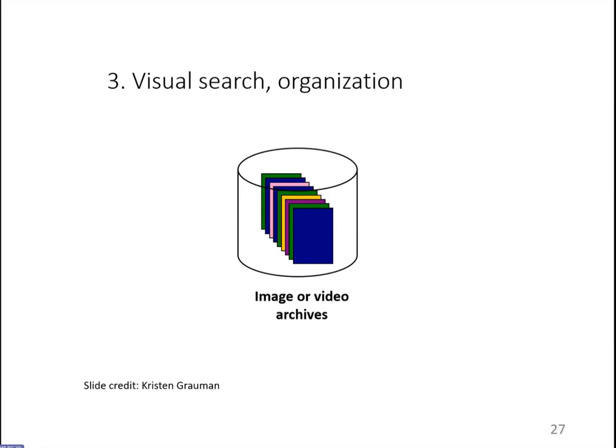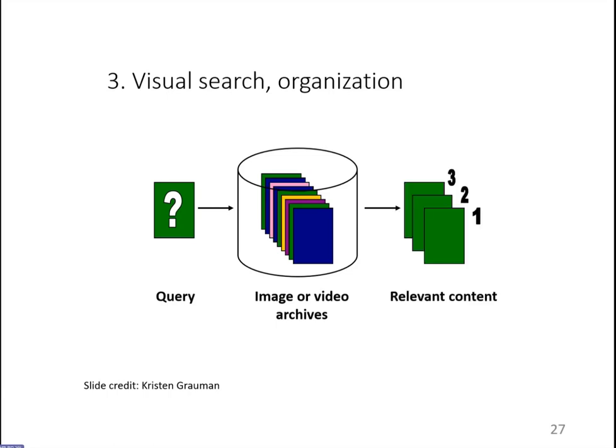So they try to create a lot of datasets, no matter videos or images. And then they can ask, for example, from those images, which images include a dog? A good computer vision algorithm should retrieve the images that include dogs.